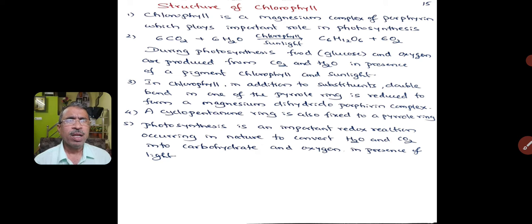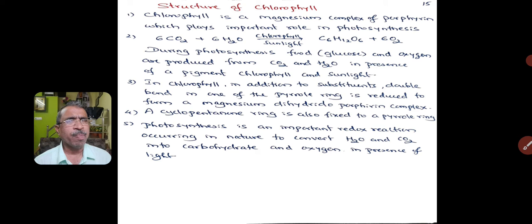In chlorophyll, in addition to substituents, a double bond in one of the pyrrole rings is reduced to form a magnesium dihydroporphyrin complex.